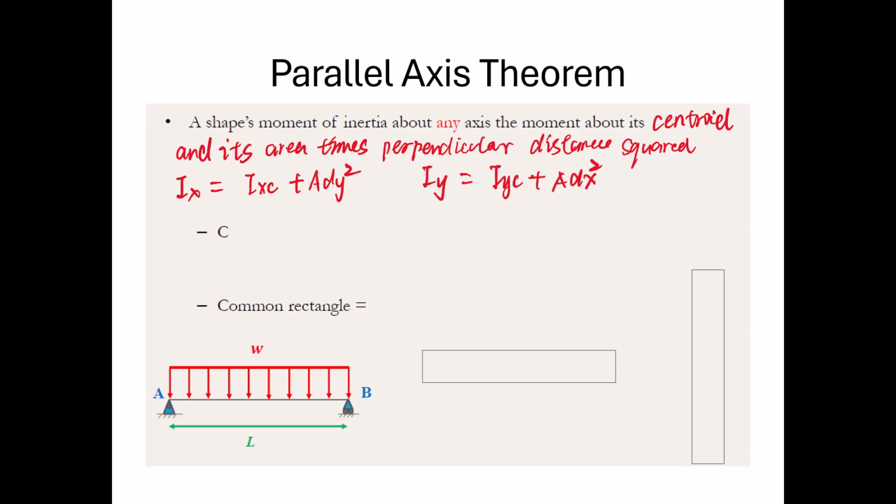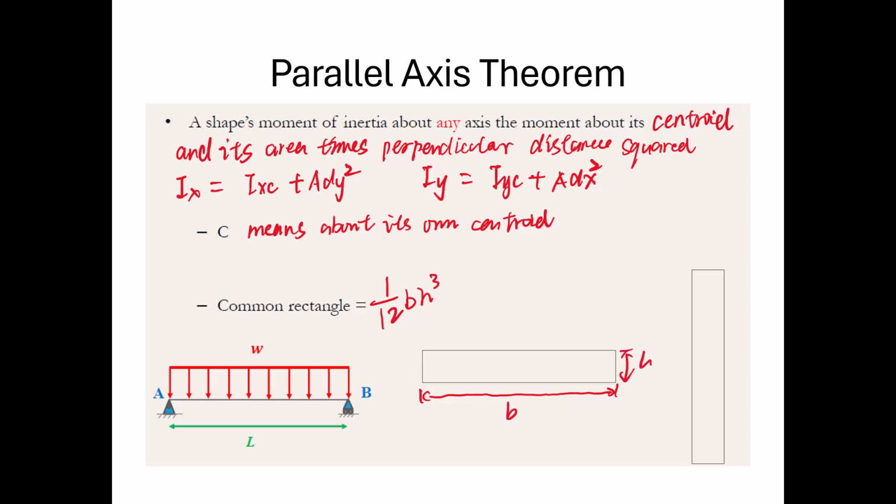And the c means about its centroid. So commonly, when we are calculating a rectangle, the equation will be 1/12 b times h cubed. Because the rectangle is very commonly used in a beam, for example here is b, here is h.